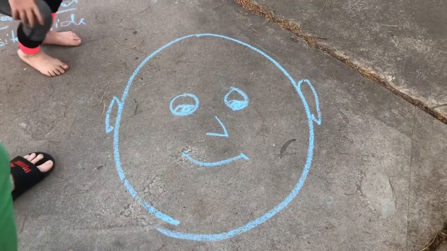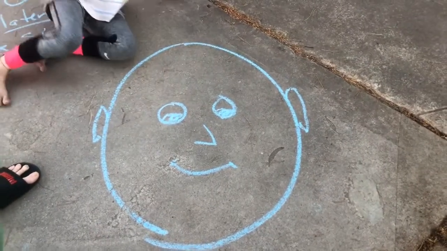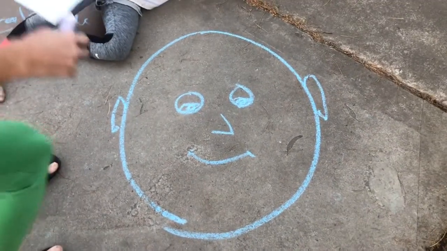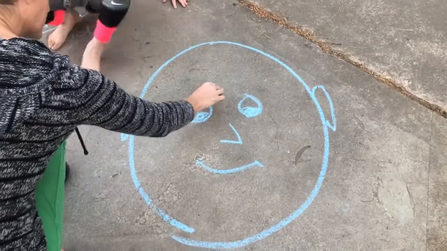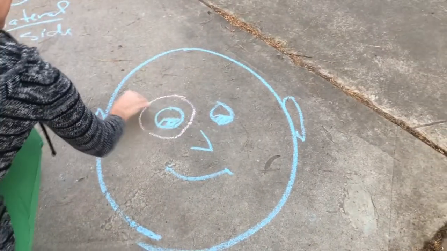Okay? All right, now let's look at some terms more specific to the head. So a few more terms that refer to parts of the head. One is ocular. So ocular refers to the eye area.